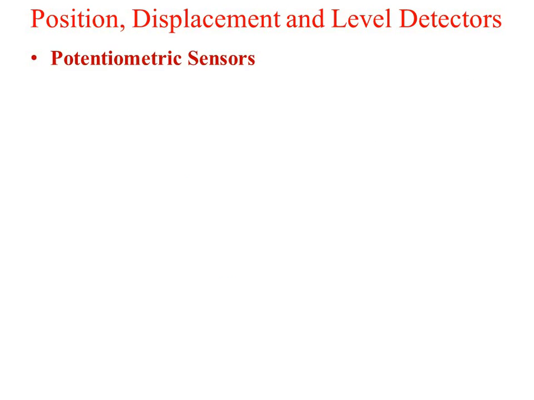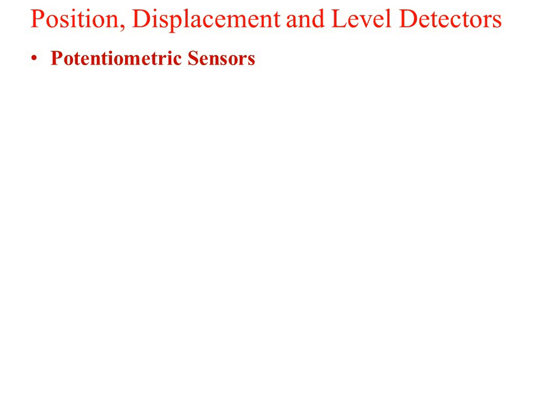So we are going to see the first position or displacement detector, the potentiometric sensor. You know that a variable resistor we call a potentiometer. The variable resistor may have a linear displacement or it may have an angular displacement.